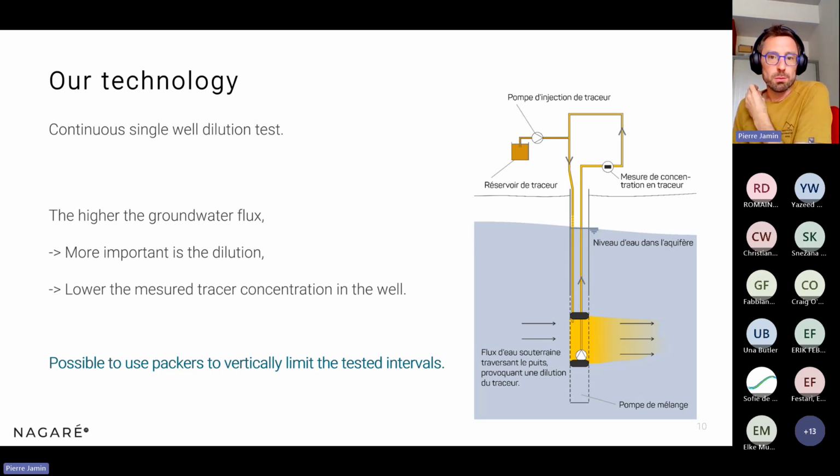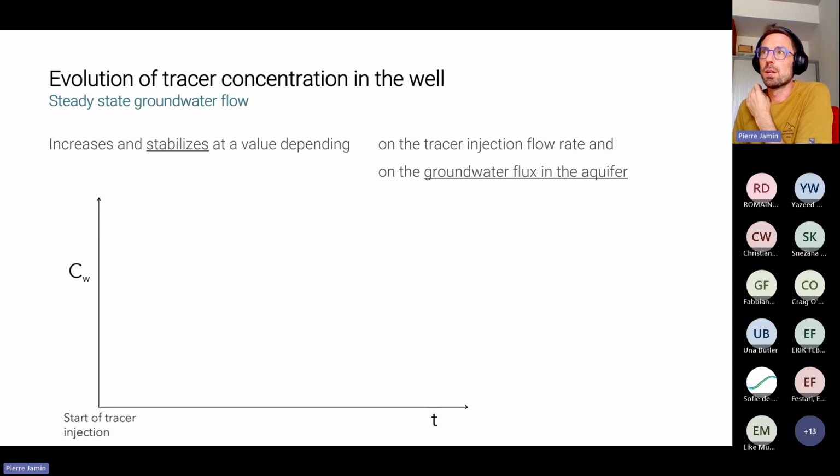Oh no, sorry. Just a word about how it works in practice. As I said, we inject continuously the tracer in the monitoring well. At the beginning of the test, we don't have any tracer in our well.